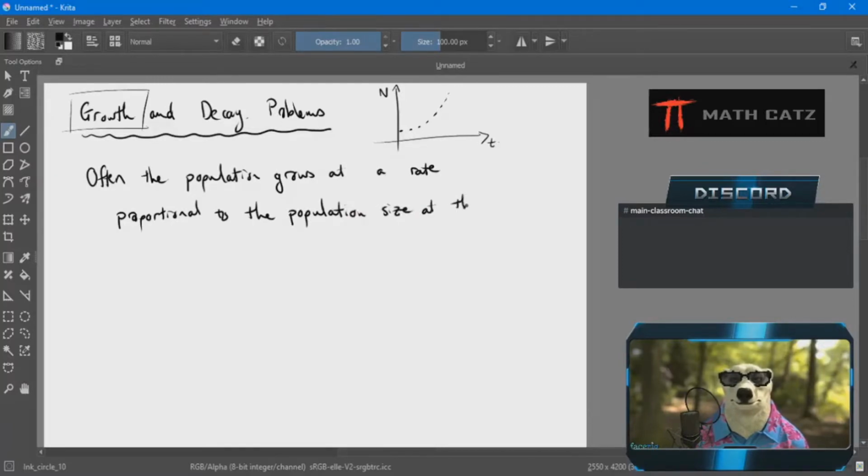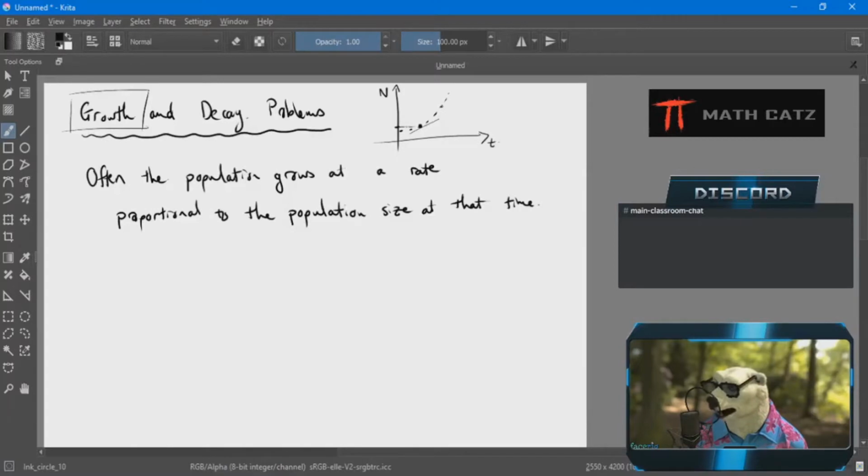at that time. So what does that mean? That means that if your population is over here at some point in time, then the rate at which it grows, the rate of change, which I know is the derivative, the slope of the tangent line, is related to how many individuals there are at that time.